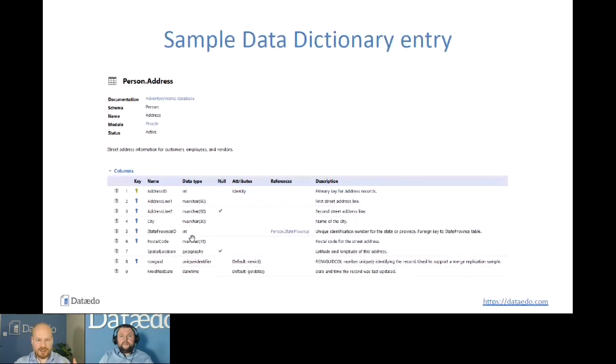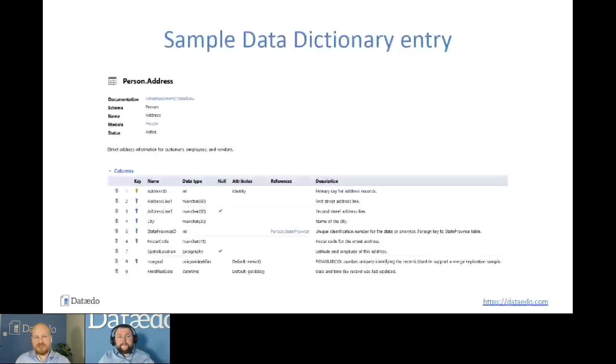You have links, relationships to other tables. In this case, this is a foreign key to a table called state province. And you have descriptions of every column. This is just an example. You could imagine many different fields, but the general structure is almost the same. It is just a list of fields with additional descriptive metadata and fields.